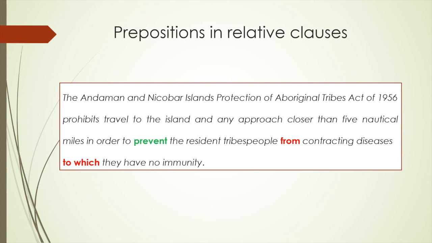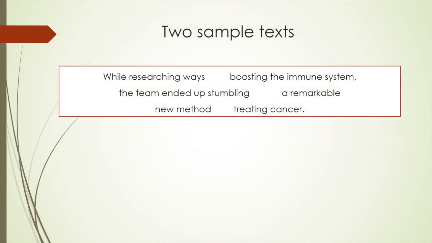All right. And we're about to finish with two sample texts. Now, these two random texts that I chose for you show you the ubiquitous nature of prepositions. Look at them. They are all over the place because they are really the glue that keeps a text together.